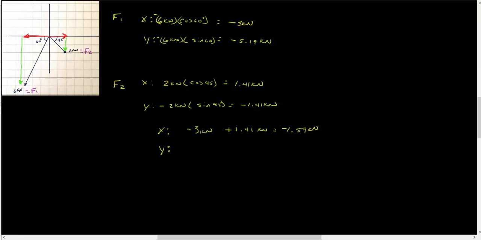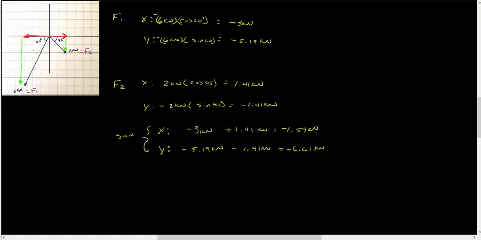And then summing my y components, I have a negative 5.19 kilonewtons minus 1.41 kilonewtons. Add those together, I'm going to get 6.61 kilonewtons. So that would also be negative.